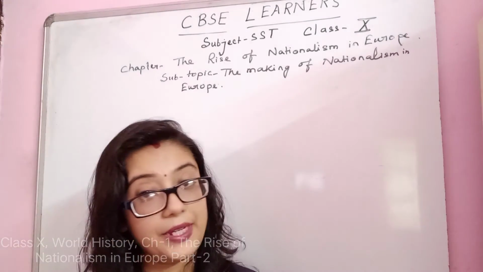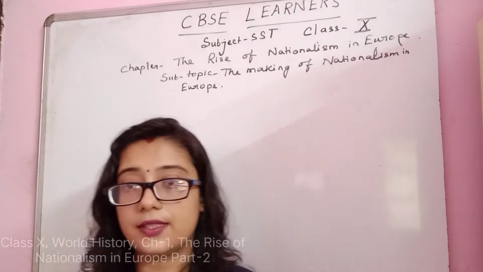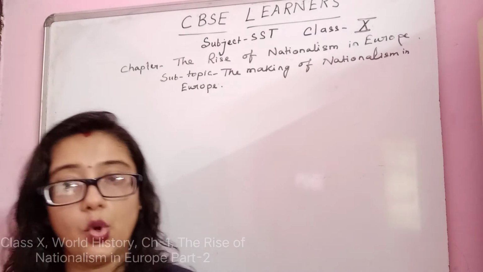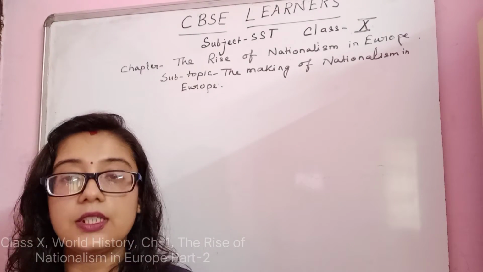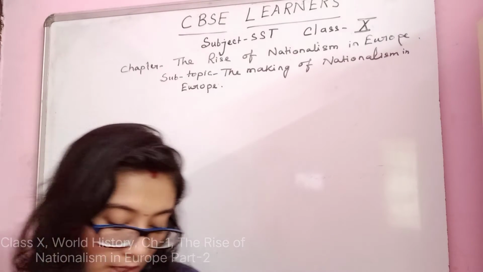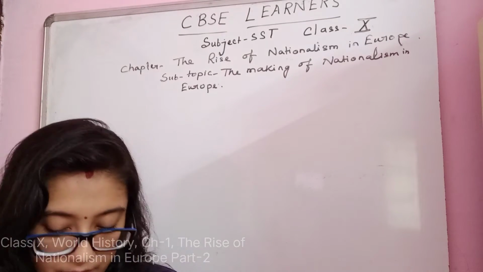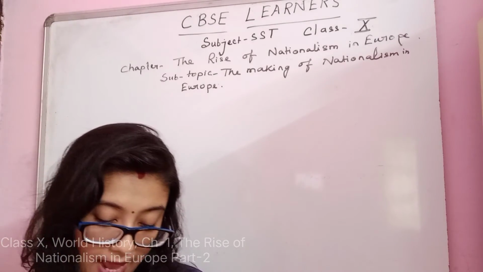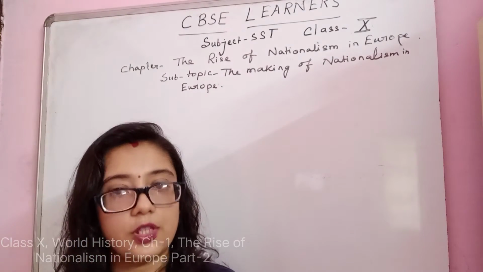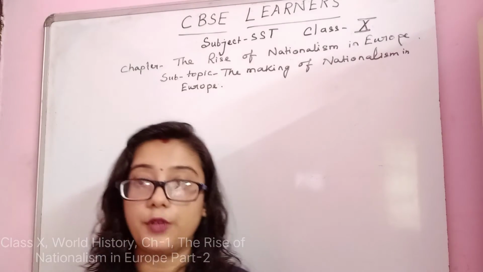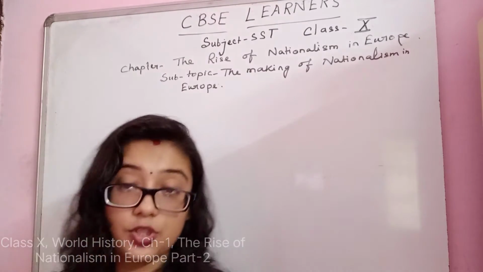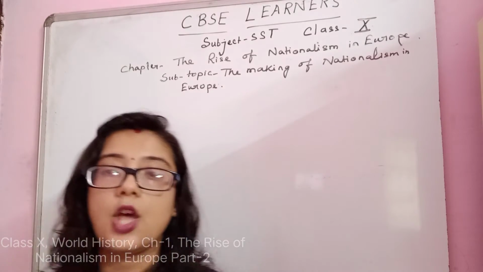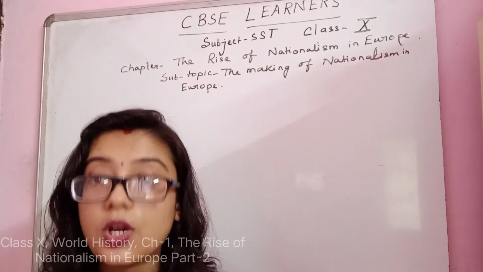So in the mid-18th century, you won't find any nation states existing in Europe. All were under monarchical rule. What we know today as Germany, Italy, Switzerland were divided into kingdoms, duchies and cantons. Kingdoms we know were ruled by an influential king. What are the duchies? Duchies were also territories which were ruled by a duke or duchess.